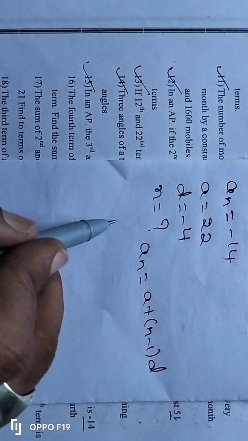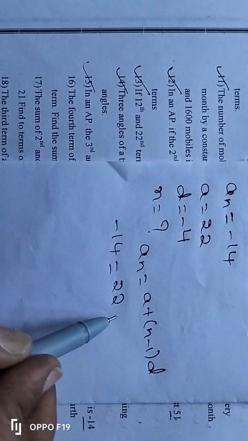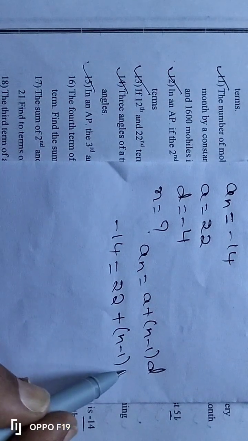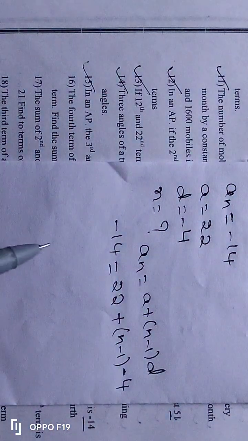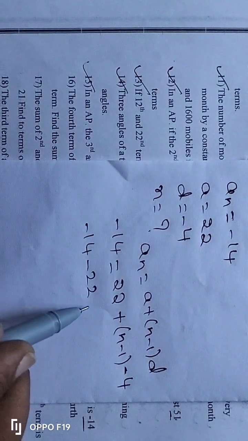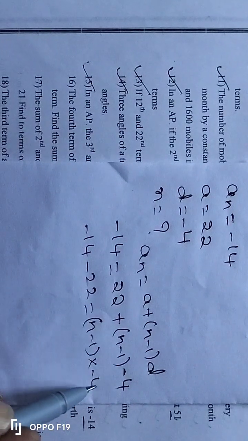So an means minus 14 is equal to a, 22, then plus n minus 1 into d, which is minus 4. So minus 14, if you shift this, minus 22 is equal to n minus 1 into minus 4.